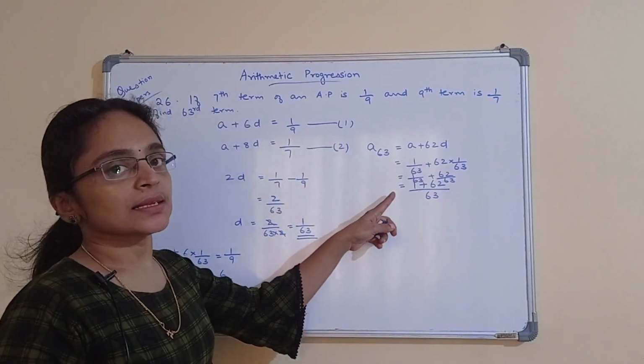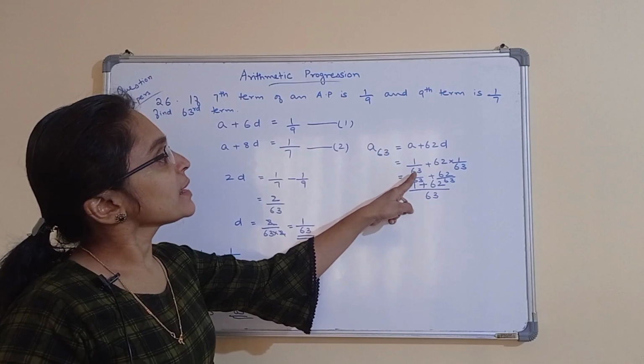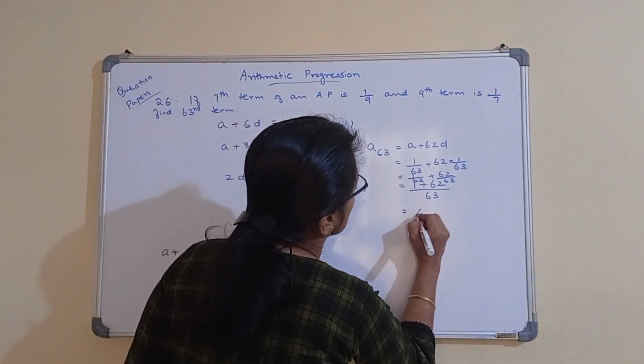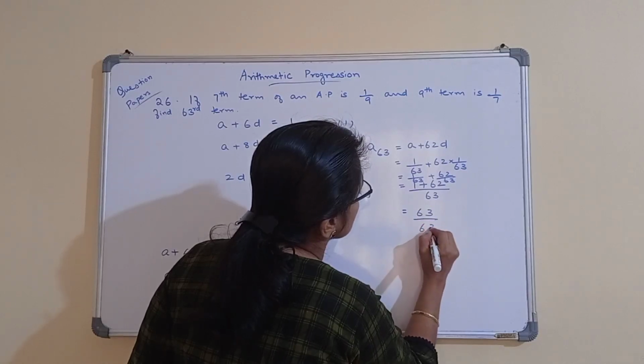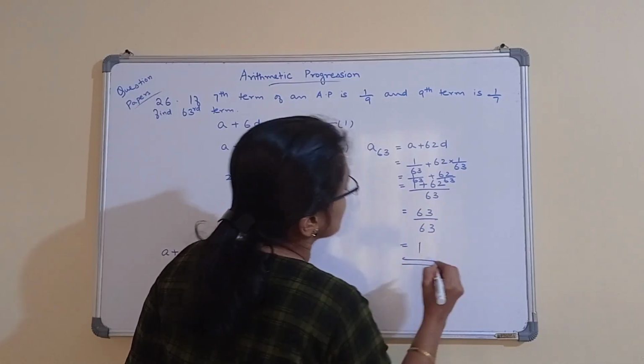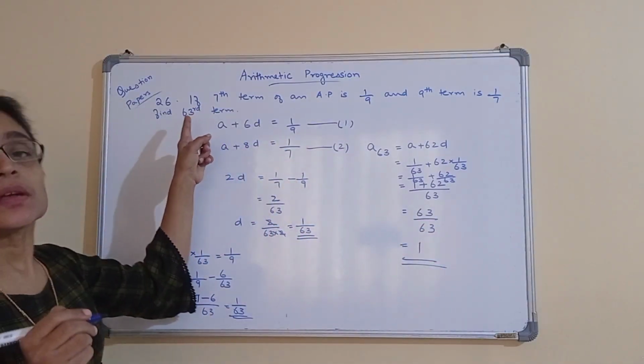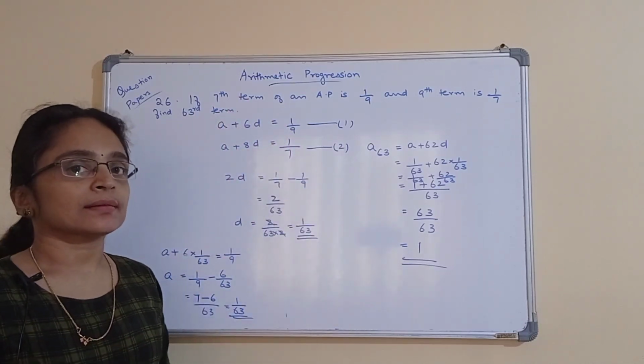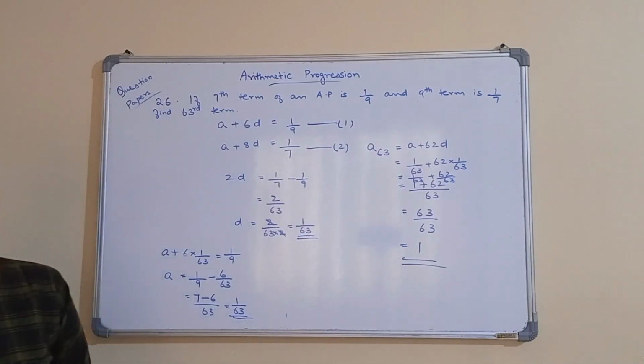Here 63 is the LCM, so we can take it as 1 plus 62 by 63, which is equal to 63 by 63, and that is equal to 1. So the 63rd term of this AP is 1. Understood?